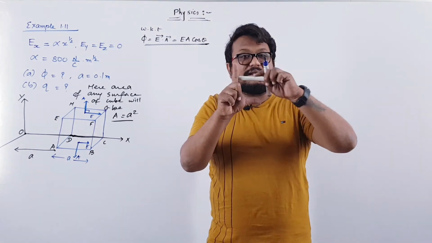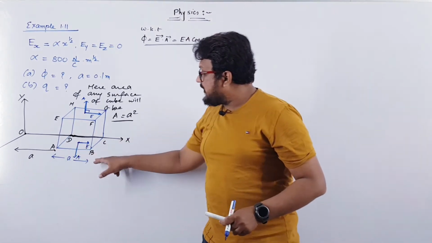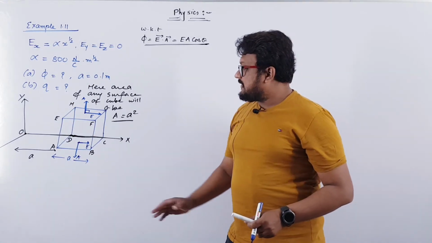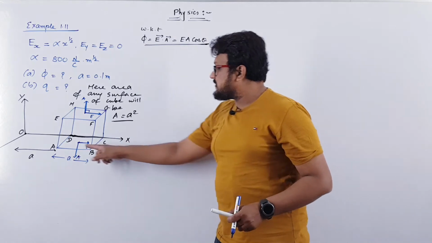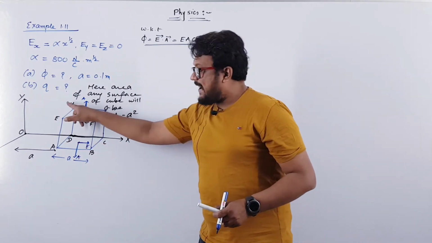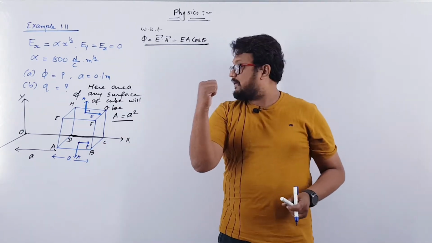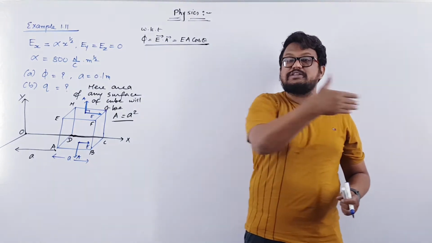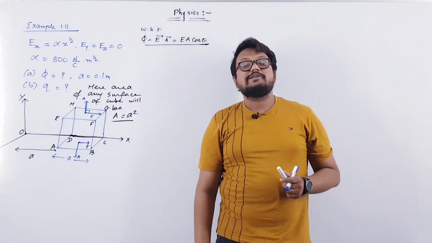So the angle will be 90 degrees, and for surface ABFE flux will be 0 again. And in the same way for the back part, that is DCGH, area will be entering inside the board and perpendicular to it, and electric field is in this direction, so again 90 degrees, flux will be 0.